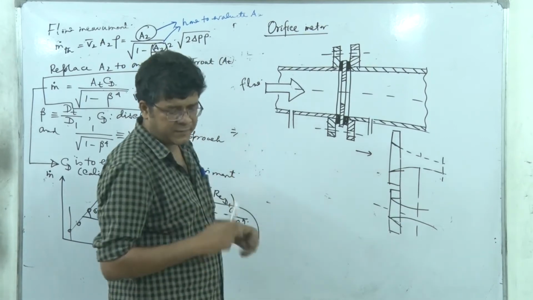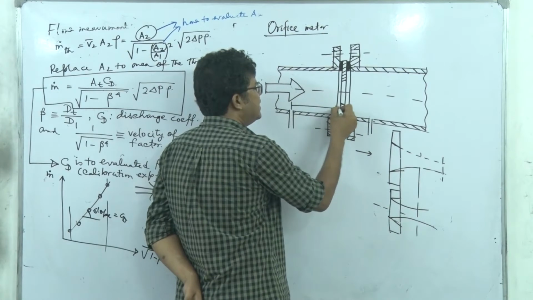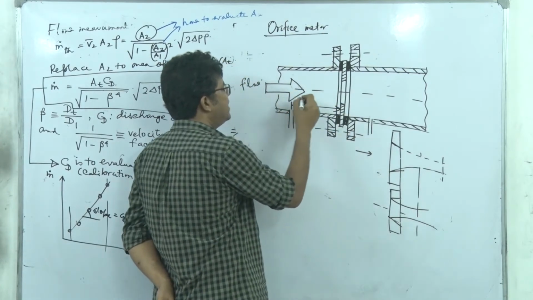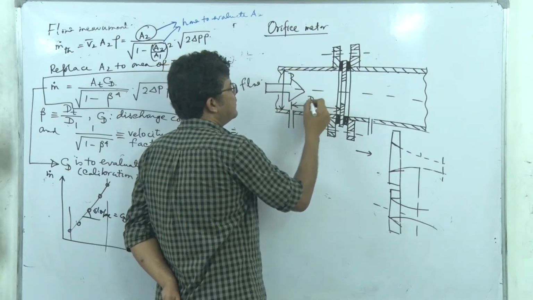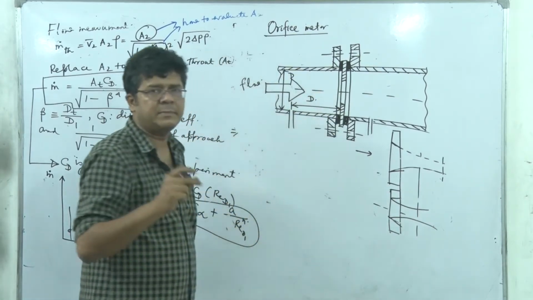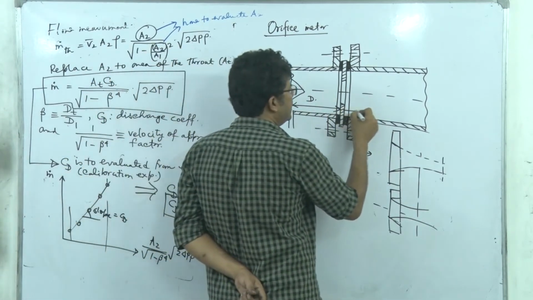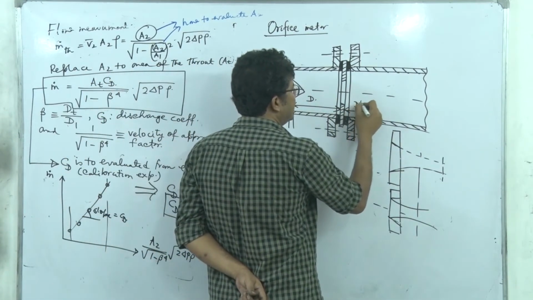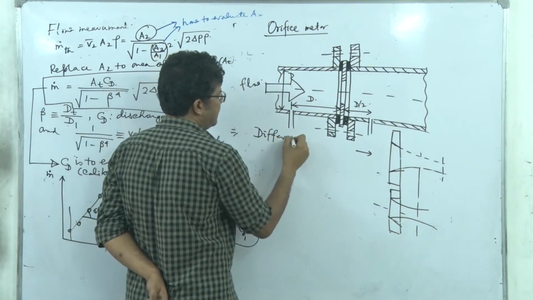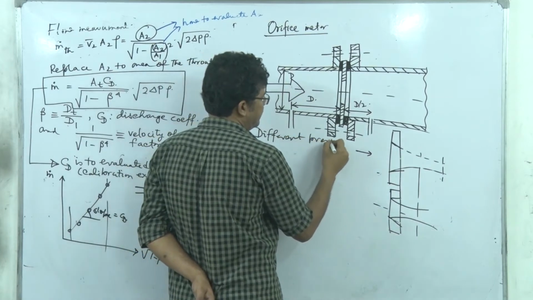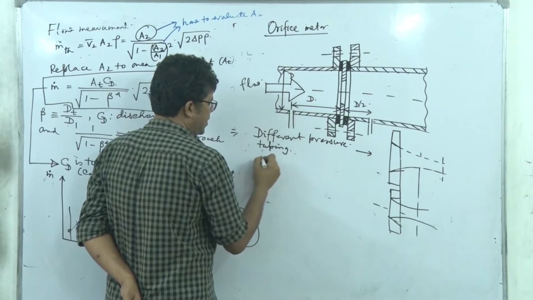Next, what are the different pressure tappings? The most popular pressure tapping is called D and D/2 tapping. If D is the diameter of the pipe, then in the upstream we will install the pressure tap at a distance D from the plate, whereas in the downstream it will be D/2. So what different pressure tappings do we have?